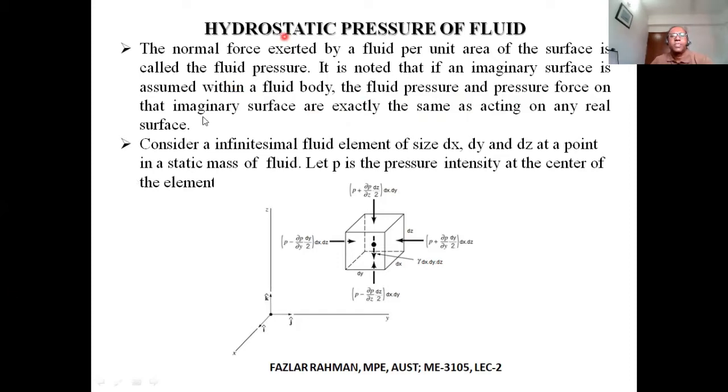For example, you have a pond in your home, and you would like to put something at a depth h from the top surface of the pond. This is the top surface, and this is the bottom surface of your pond or lake.